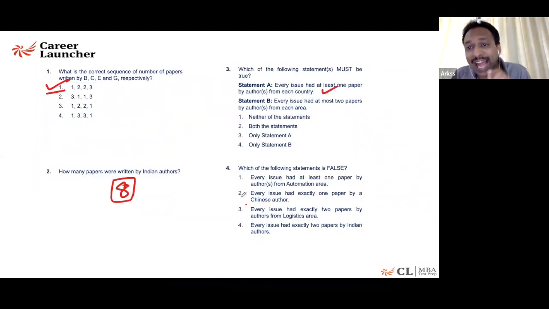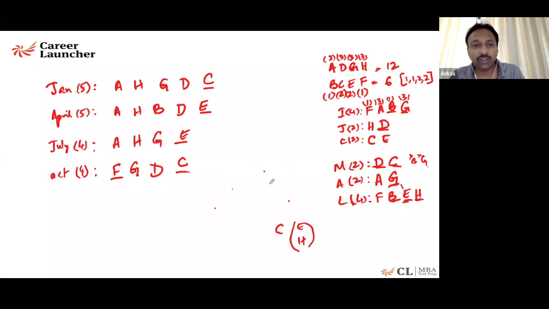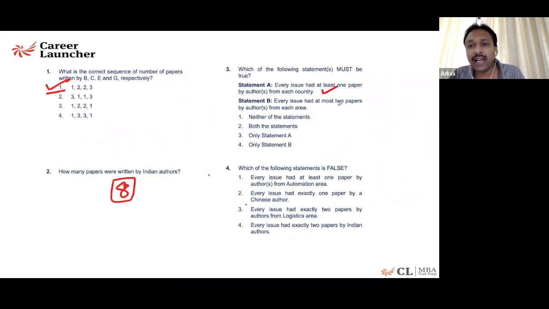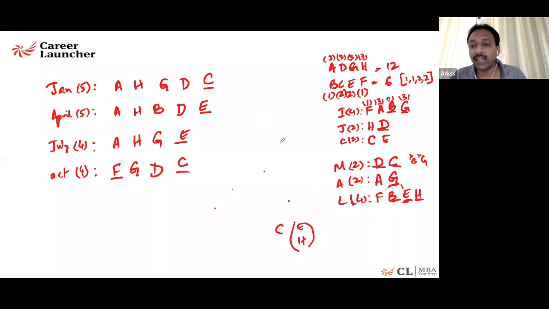Every issue had at most 2 papers by authors from each area. At most, meaning maximum 2 papers by authors from each area. So D, C is maximum.